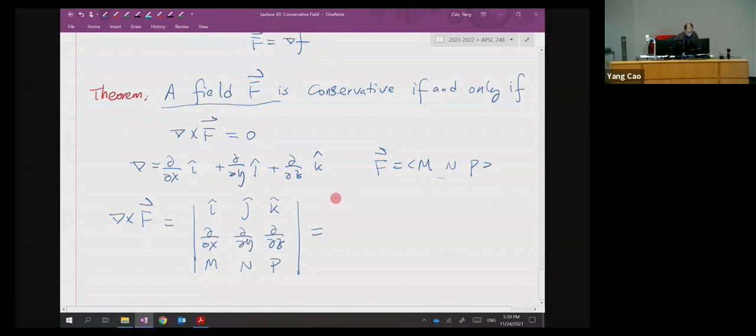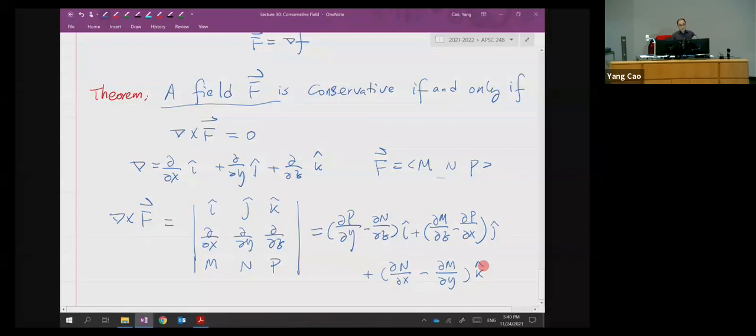So the end result of this cross product is (partial P partial y minus partial N partial z) i hat, plus (partial M partial z minus partial P partial x) j hat, plus (partial N partial x minus partial M partial y) k hat.